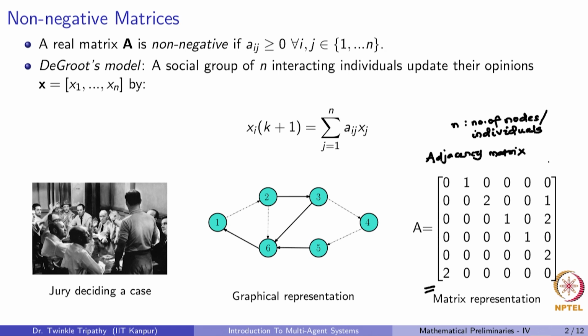And every entry A_ij, this is important. If it is greater than 0, it simply means that i is taking information from j, or i communicates with j in a unidirectional manner.